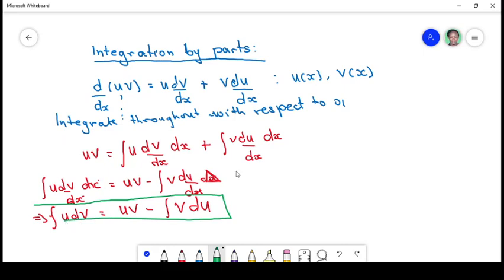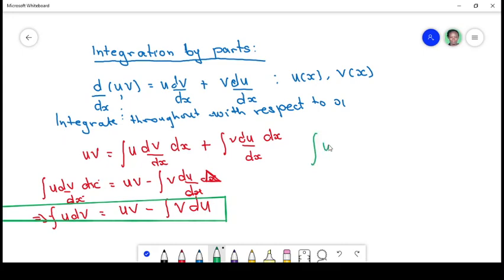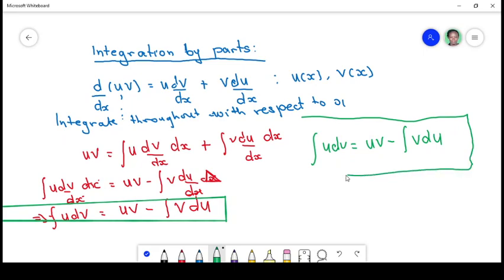Let me write it out well here. I have my integral of u dv to be equal to uv minus the integral of v du, and this is the formula we are going to use to solve for integration using integration by parts.